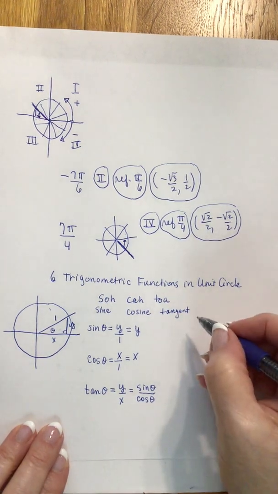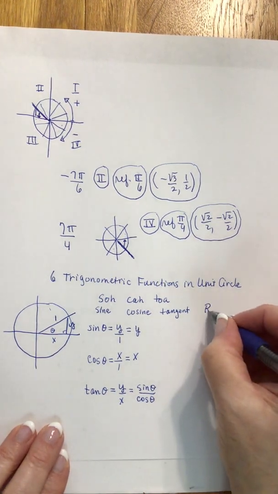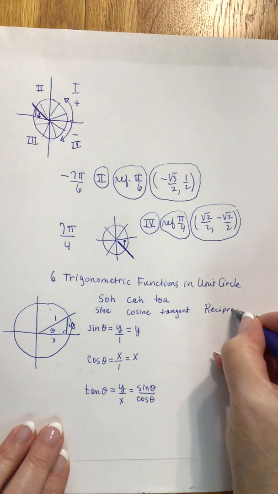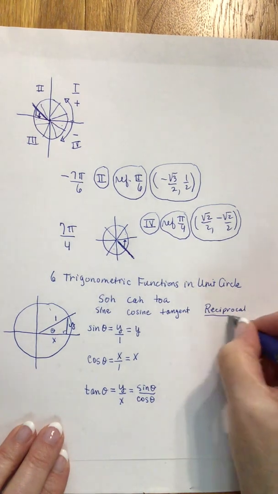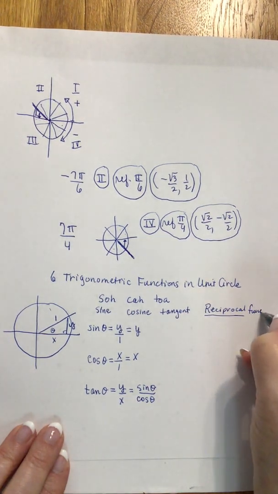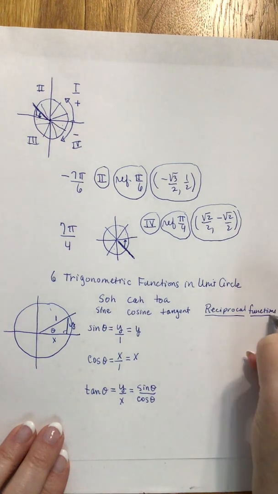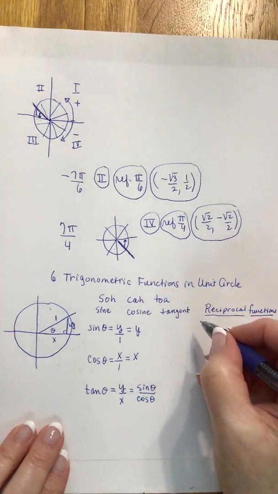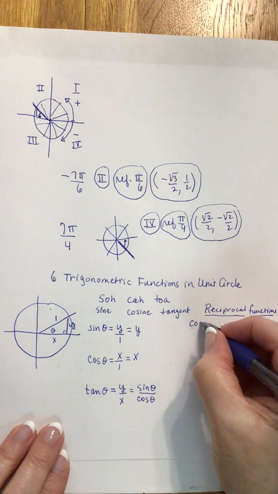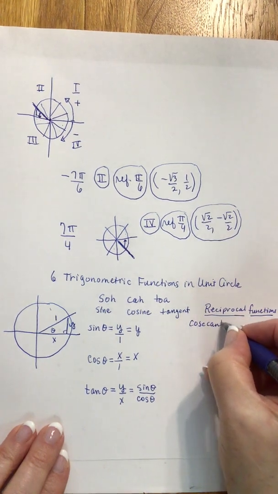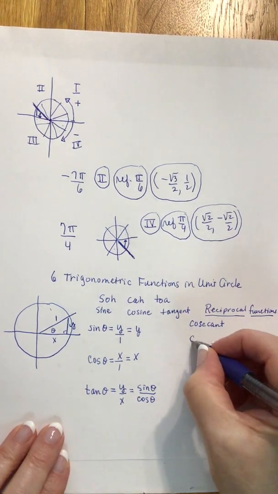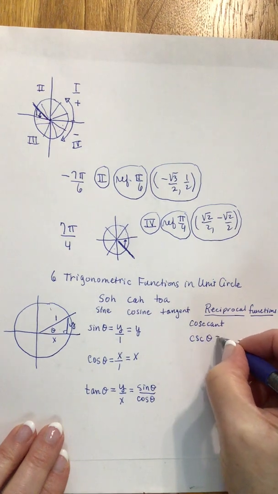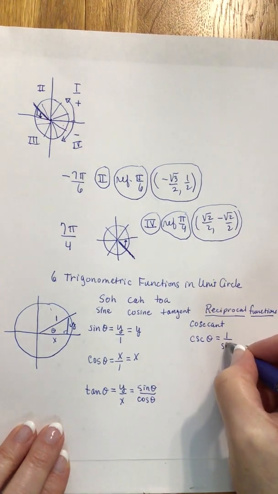Now the other three are what we call reciprocal functions. So the first one we're going to look at is cosecant. CSC of theta is the reciprocal of the sine.